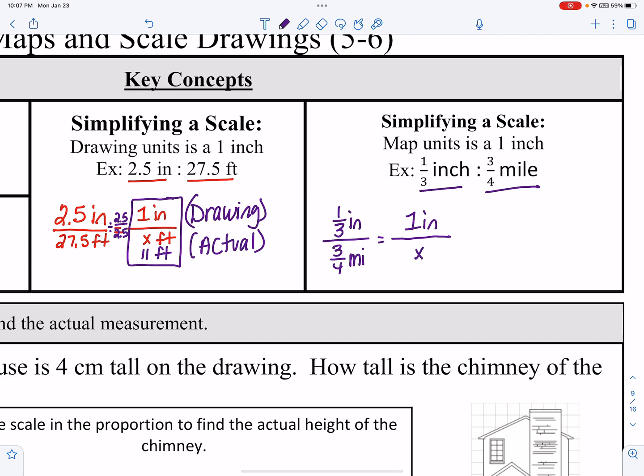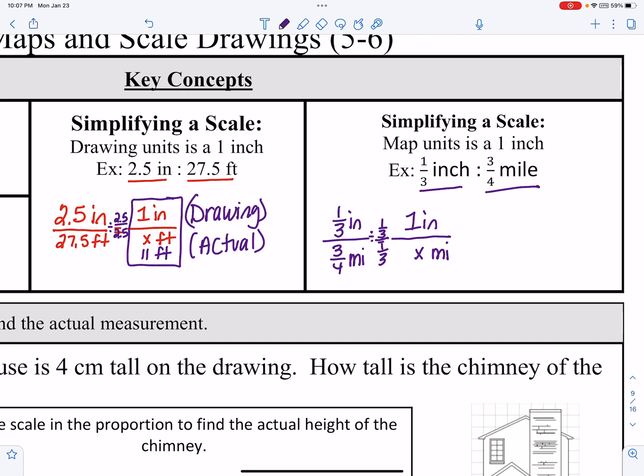And so this is our x is miles. Again, you could cross multiply or do means and extremes if you want. I just find it easier to understand that 1/3 divided by 1/3 equals 1. So I already know there we're just dividing by 1/3 over 1/3. Okay, 1/3 divided by 1/3 equals 1 inch.